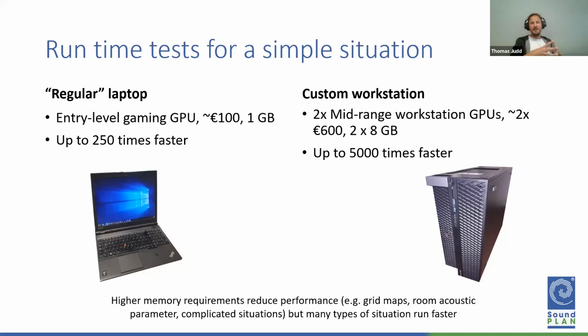If you're doing some heavy duty room acoustics, you might not quite see those speed up factors. But my experience is if you're careful with your memory, then you can hope for a decent acceleration using this kind of technology. You just have to watch out if you're doing grid maps or room acoustic parameters with impulse responses, which are very memory heavy and the like.